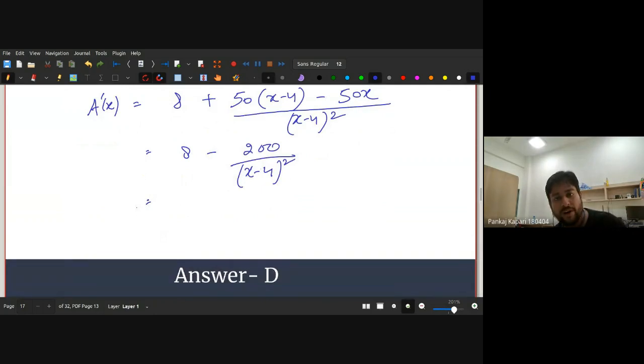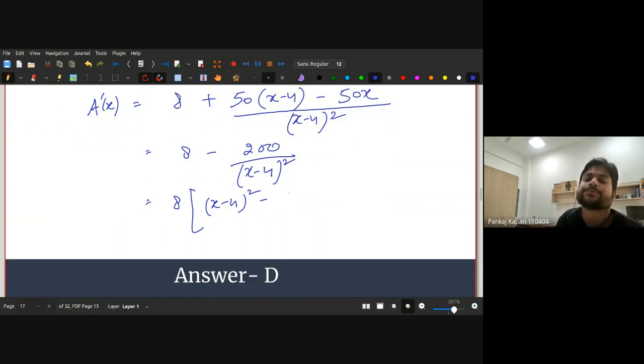Okay, so how do we find the critical points at which the derivative becomes 0? Let's take 8 to be common, and we can write it as x minus 4 whole square minus 25, right, since 25 times 8 is 200.